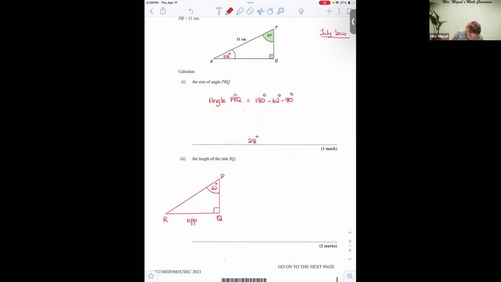This is my opposite side, and this is my hypotenuse. So I want to find RQ. If I have the hypotenuse and the opposite side, because it is opposite the angle, I can use sine. So sine 62 is equal to RQ over 11. It is a fraction. I want to get rid of the fraction. I need to multiply by the denominator. RQ is 11 sine 62. Work it out.